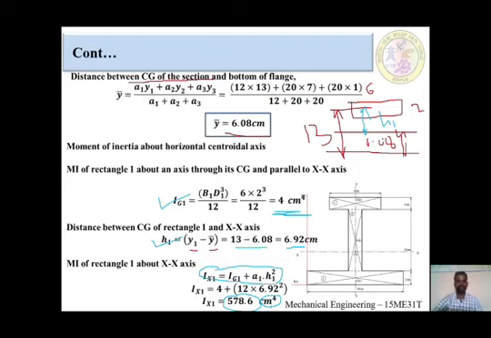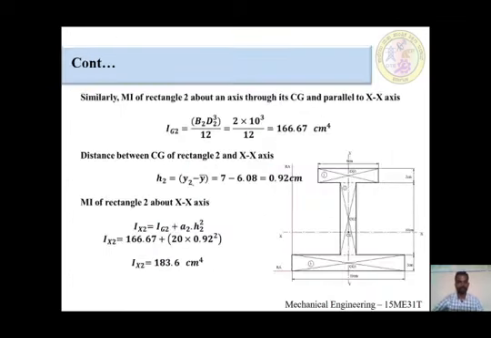Up to here, I guess you understood very well. After that, similarly, we have to calculate the rectangular 2 component. This web part we have to calculate about the x-axis through its center of gravity and parallel to the x-axis.